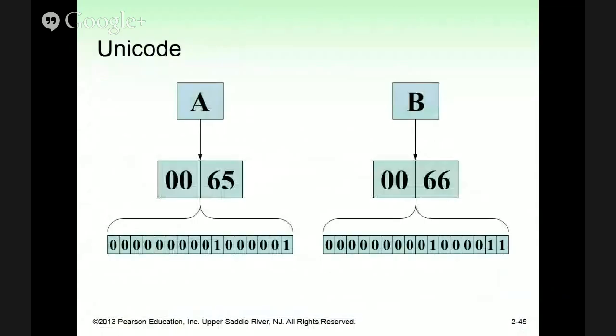So this is a reminder that at its base level, the computer only understands binary. So the computer is not actually storing 65, it's actually storing, excuse me, a sequence of zeros and ones, such as shown here.